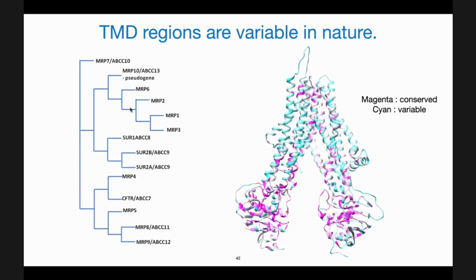And we have here 2 branches of MRPs, and MRP4 is in the lower branch.